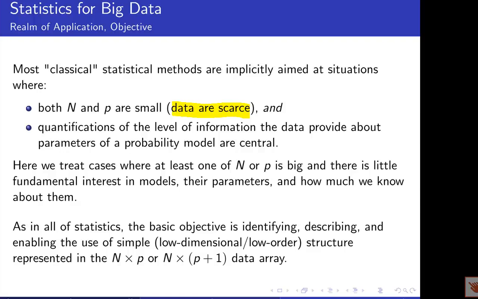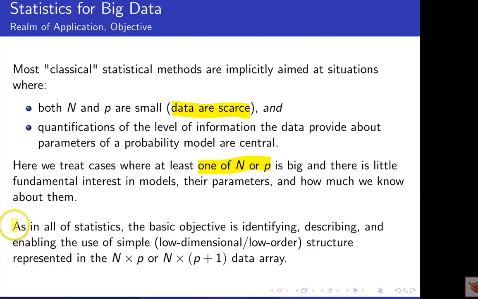This set of material treats cases where it is not true that both N and p are small, so at least one of N or p is large. And usually we have not so much fundamental interest in models, parameters, how much we know about them. We're more interested in some other aspects of the situation.